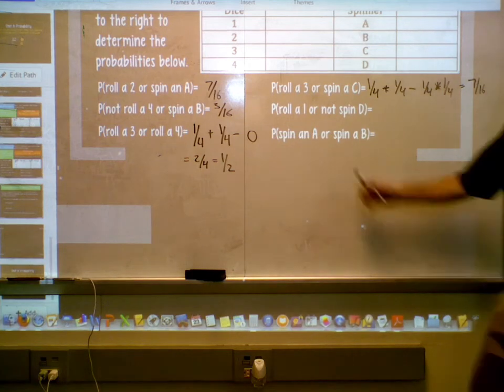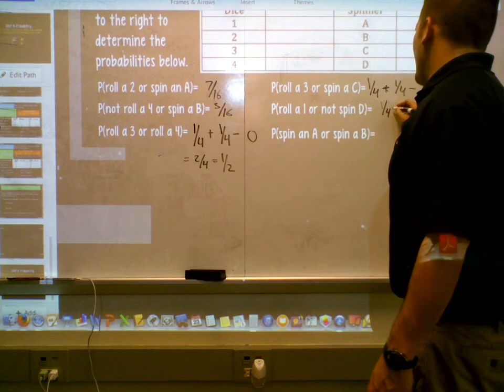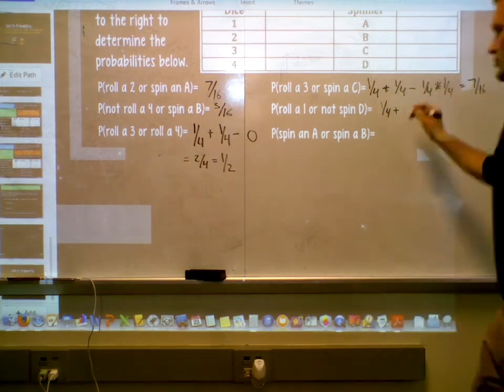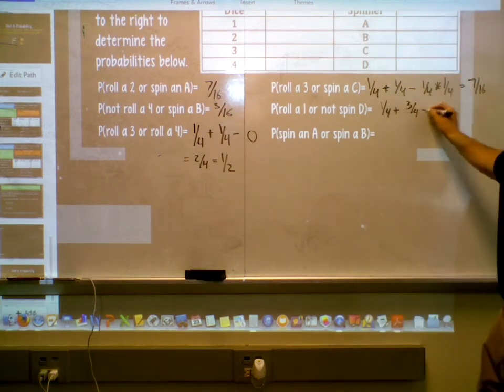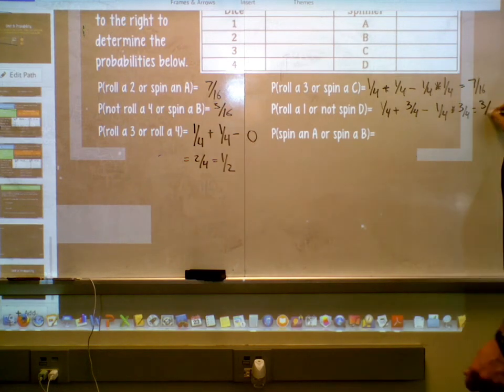What's the probability of rolling a 1? 1/4. What about not spinning a D? 3/4. So we subtract the 1 and the D. And we get what? 3/16.